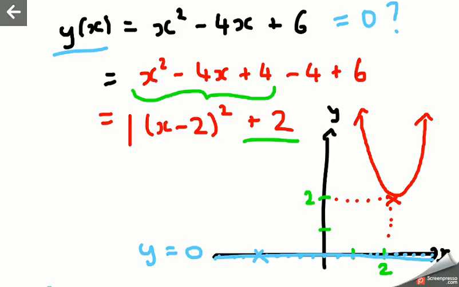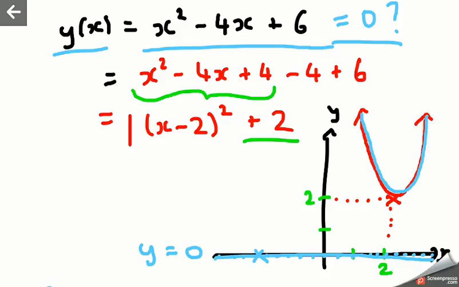But this thing doesn't even touch the blue line, so it's equal to 0 nowhere. That explains why we can't get any solutions of this thing equal to 0. That's why there are no solutions, because the parabola doesn't even touch the x-axis.